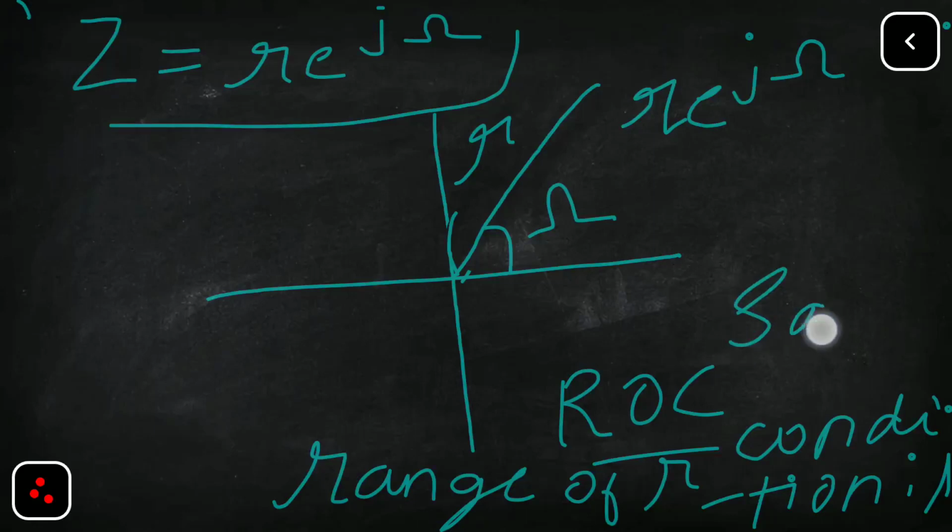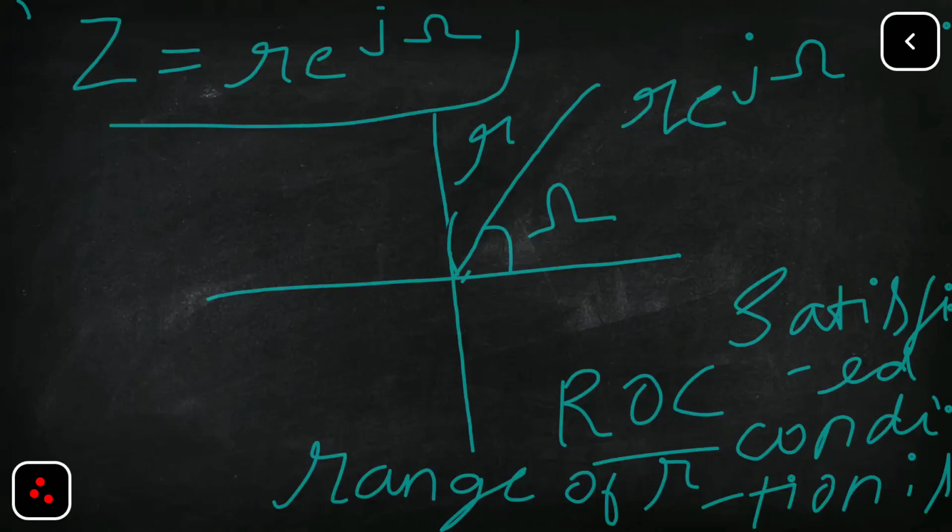Okay, so in this derivation, what did we do? We first took x of n equal to z to the power of n, along with the impulse response h of n. We gave that particular x of n and h of n to the discrete time LTI system, and we got the system output, that is y of n equals h of n convolved with x of n.